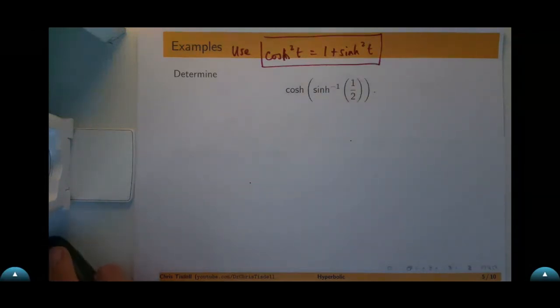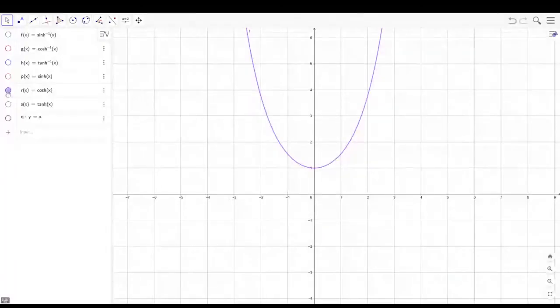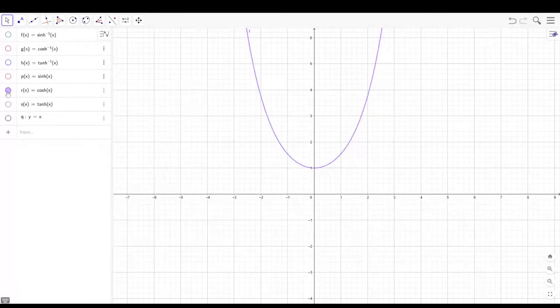If I go back to my graph up here, let me just switch over to GeoGebra, right? This is my cosh curve. So you see that cosh curve is positive, greater than or equal to 1. So whenever you take the hyperbolic cos of something, you can't get a negative value, right? So that's a pretty important thing when you're taking square roots, as we will for this one.